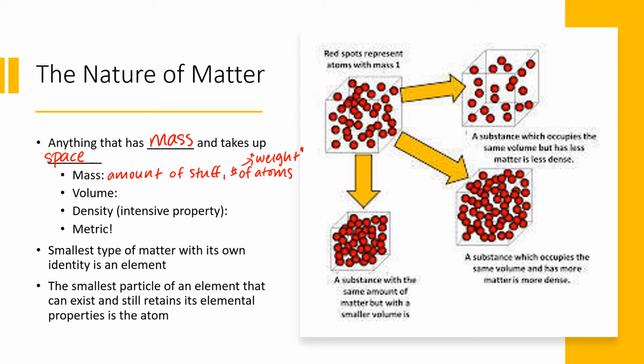Volume is how much space something takes up. So how spread apart the individual atoms or molecules in that thing are, or how tightly packed they are. The amount of space that they take up is what volume is.